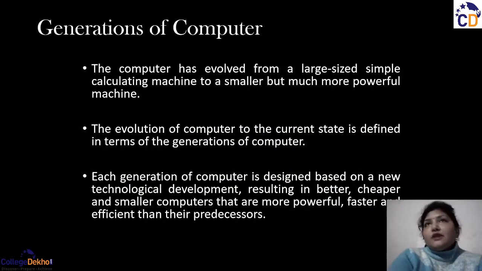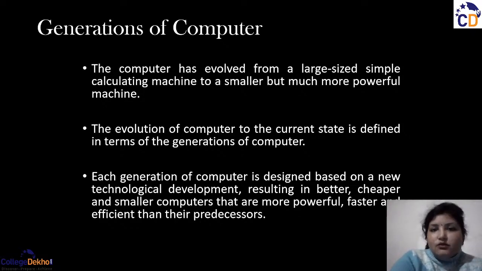Before moving into the generations, we should understand the basic terminologies that we use in a computer system, right? Why is there a need, you may ask, what is the importance of that?